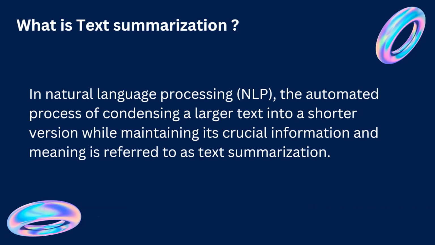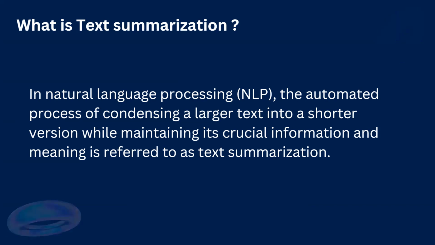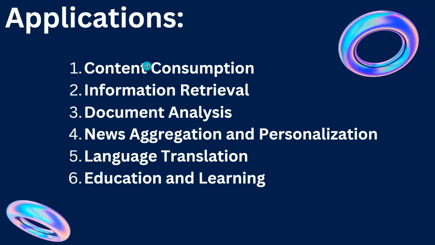This expedites the process of understanding lengthy resources like research articles without leaving out important details. Text summarization involves a number of challenges, such as text detection, interpretation, creation of summary, and examination of the finished summary. So, what are the applications?